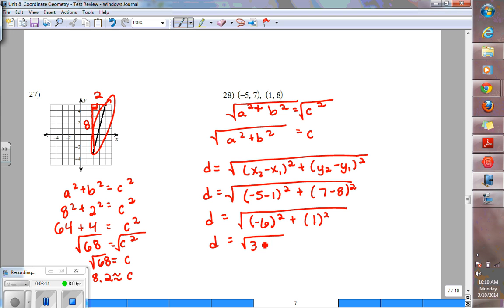Negative 6 squared is 36. 1 squared is 1. So d is equal to the square root of 37. And rounded to the nearest tenth, d is approximately 6.1 units.